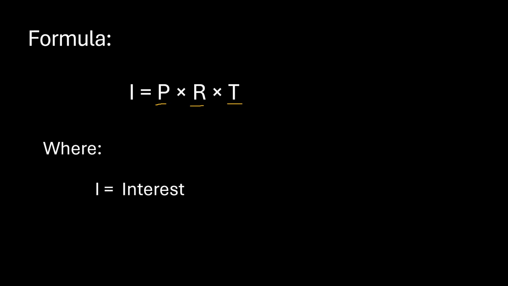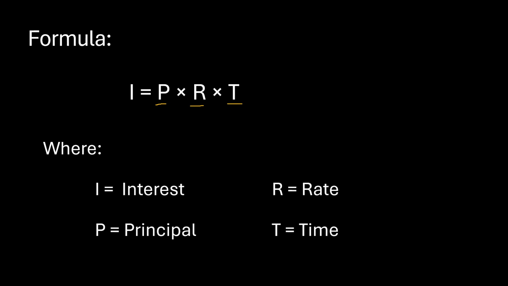Now let's write the formula. Simple interest equals principal times rate times time, or in symbols, I equals P times R times T, where I stands for interest, P stands for principal, R stands for rate, and T stands for time. Before solving, let's understand why this formula works.